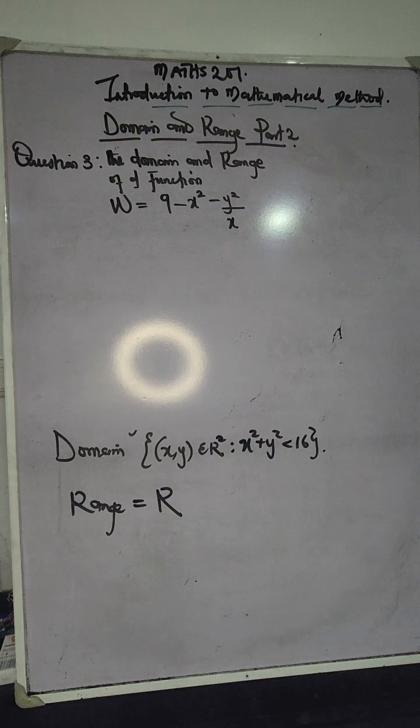Did you see that? We want to find the domain and range of the function w equals 9 minus x squared minus y squared over x.